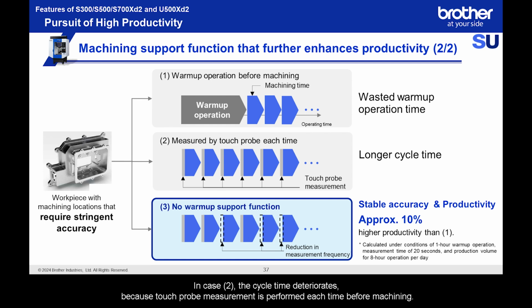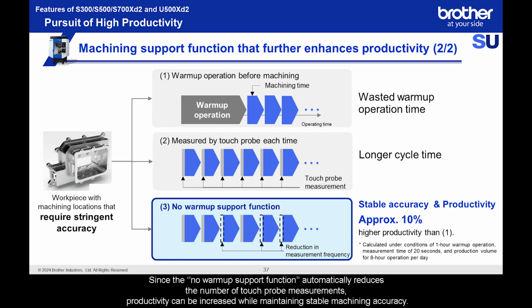In case 2, the cycle time deteriorates because touch probe measurement is performed each time before machining. Since the No Warm-Up support function automatically reduces the number of touch probe measurements, productivity can be increased while maintaining stable machining accuracy.